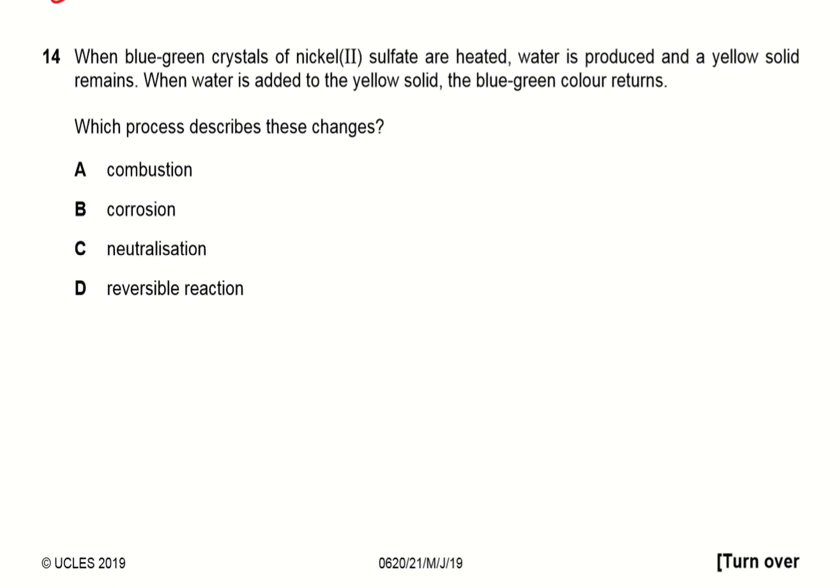Now, question 14. When blue-green crystals of nickel sulfate are heated, water is produced and a yellow solid remains. When water is added to the yellow solid, the blue-green color returns. Which process describes this change? So you have a substance which is bluish green.